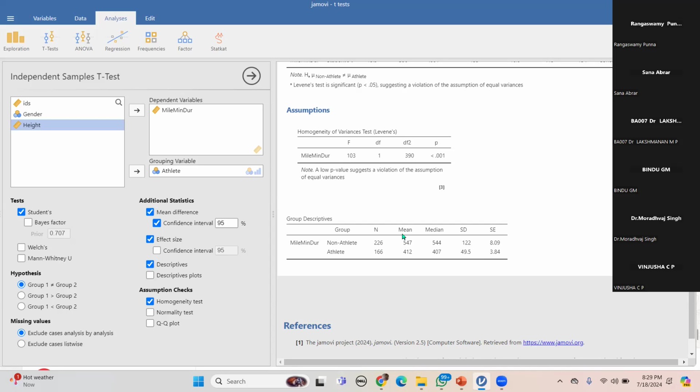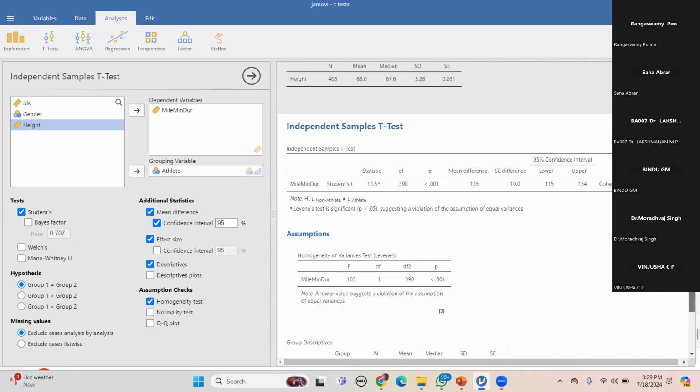Now, for this particular population, for the people in the athlete category, the mean value is 413. We're not able to see this one. One minute. Please come here.